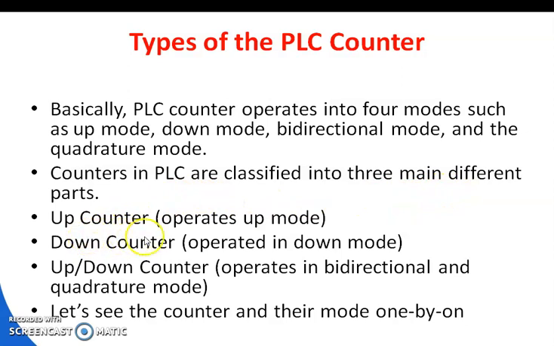First one is up counter, operates in up mode. Down counter operates in down mode. Up and down counter operates in bidirectional and quadrature mode. Let us see the counters and their modes one by one.